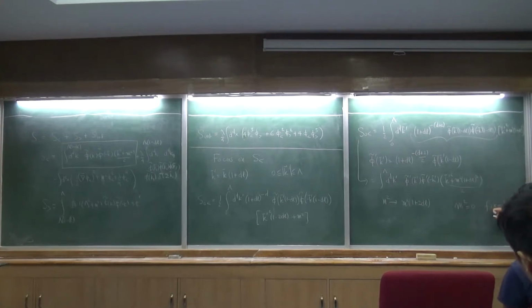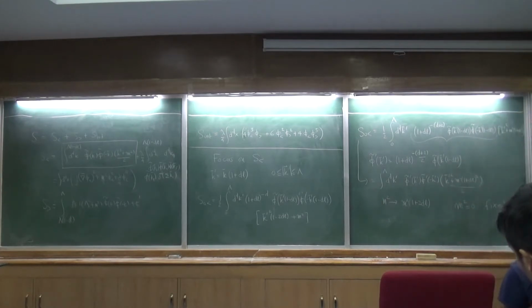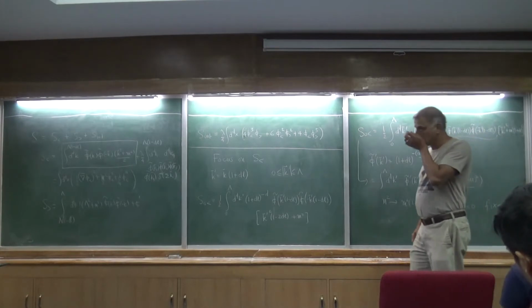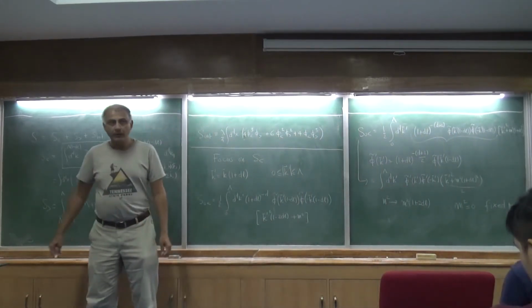But as long as m squared equals 0, it will stay there. But if you deviate from 0, then it will grow every time you do RG, and therefore it's a relevant perturbation. So you know that this is a relevant perturbation.